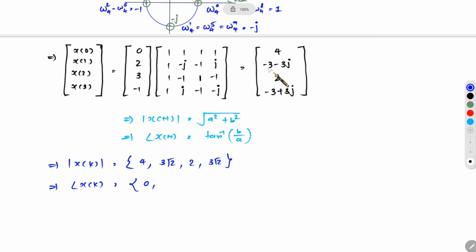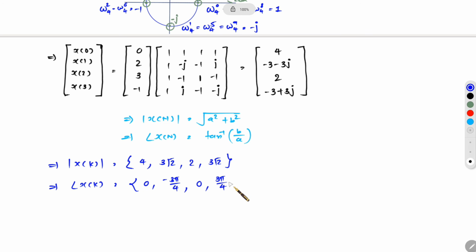So that is there in third quadrant. So angle will be minus 3 pi by 4. Here we have only real component. So phase will be 0. Here we have angle, that will be tan inverse plus 3 divided by minus 3, and that will be there in second quadrant. So angle will be plus 3 pi by 4.